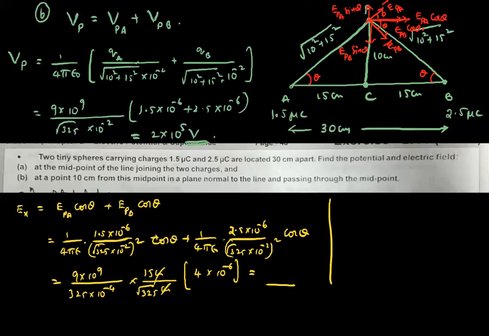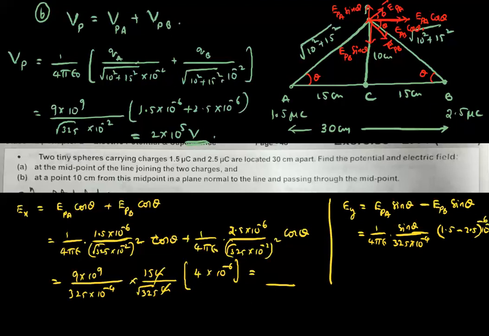And similarly, we will have to find Ey. For the Ey value, it is EPA sin theta minus EPB sin theta. That means the same way we need to do. EPA minus EPB, then 1 by 4 pi epsilon naught sin theta divided by 325 into 10 power minus 4, into 1.5 microcoulomb minus 2.5 microcoulomb, that is 10 power minus 6.